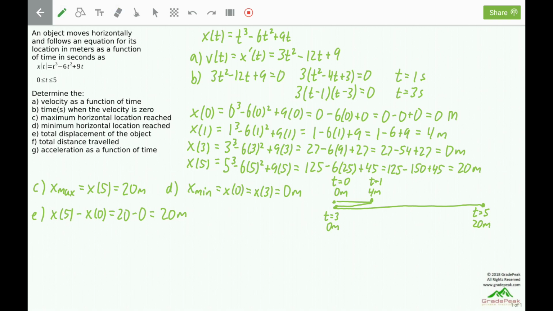The total distance traveled, on the other hand, is made up of the full distance, which is this piece plus this entire piece. We have 3 different pieces.